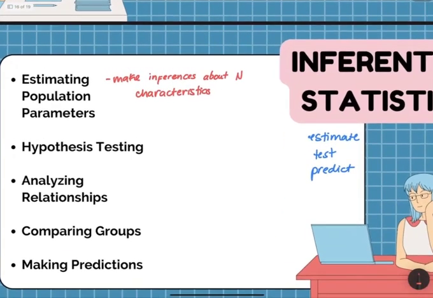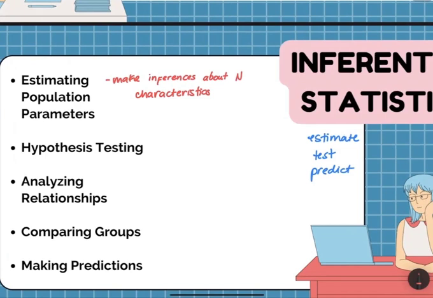Number two, we have your hypothesis testing. So you're trying to prove claims about population parameters. Okay. Prove your claim about population parameters.